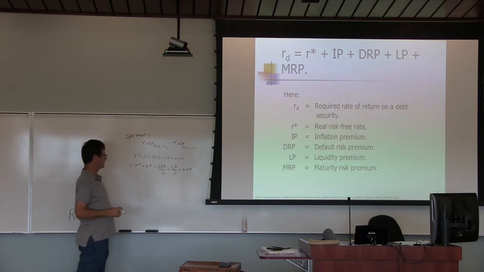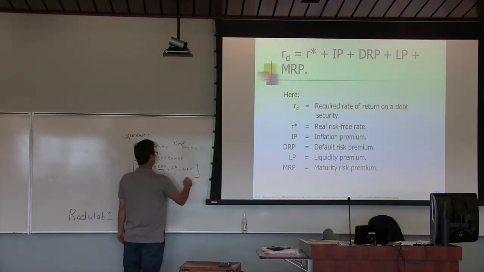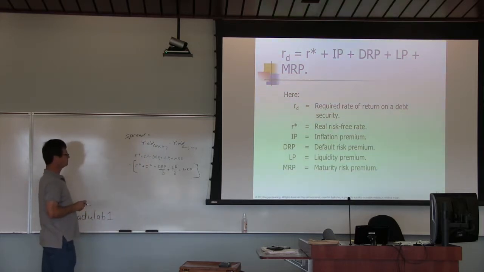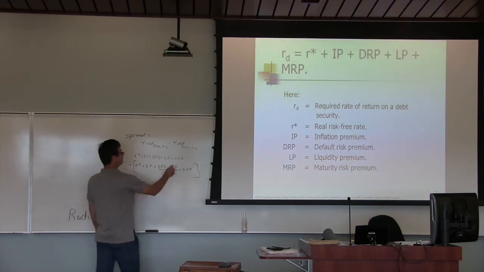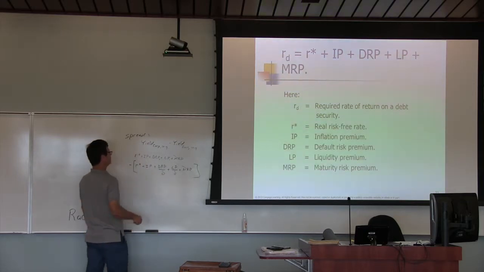Okay? And so that's essentially what's going on here, right? When we look at the yield on a corporate 10-year versus the yield on a government 10-year, they've got the same maturity risk premium, right? Those cancel out, right?